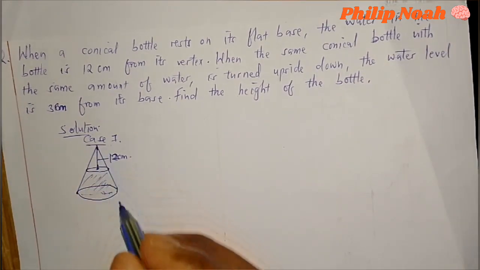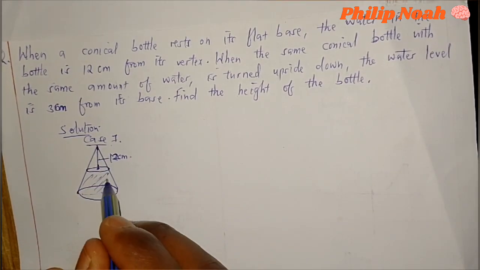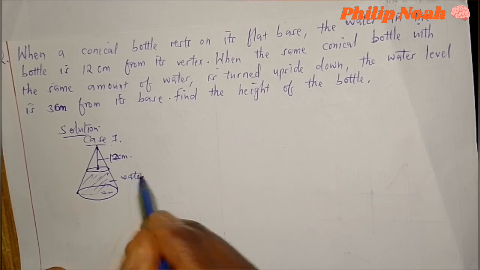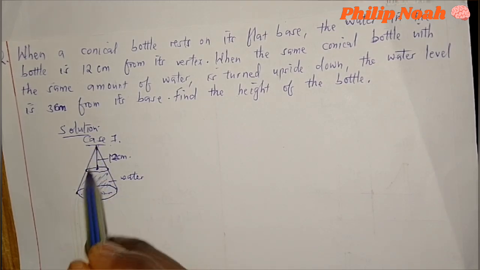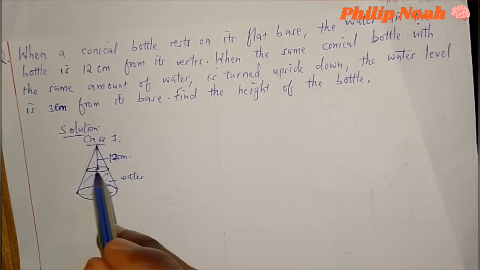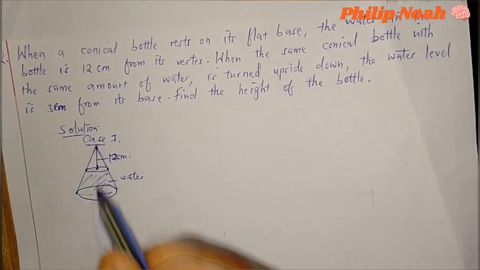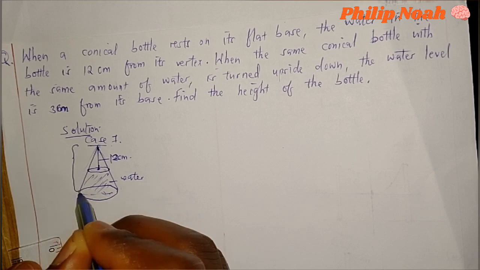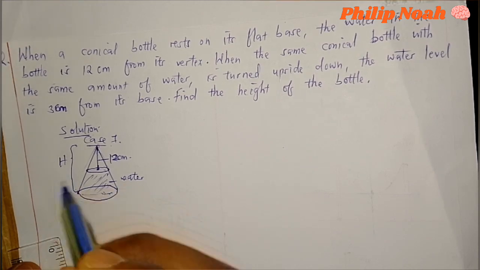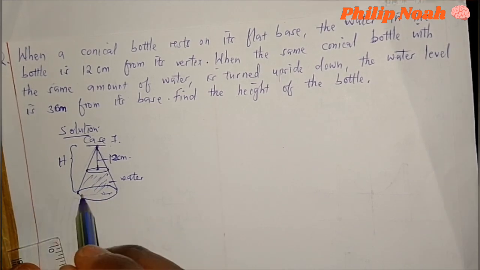The volume of this water is the volume of this cone minus the volume of this small cone up here. And remember, we have this height, and it's the required height, the height h from this point to this point.